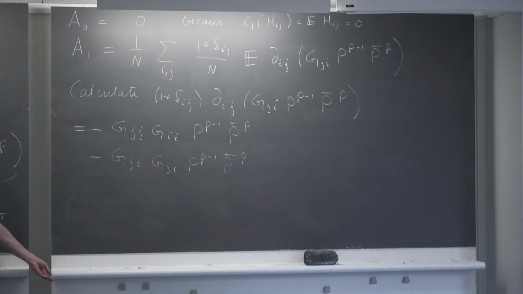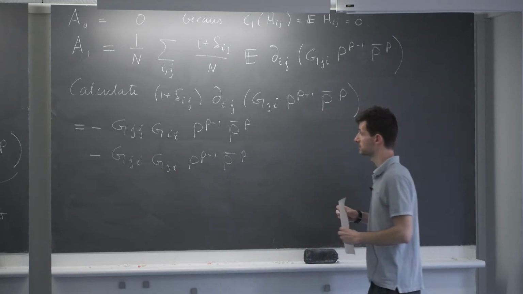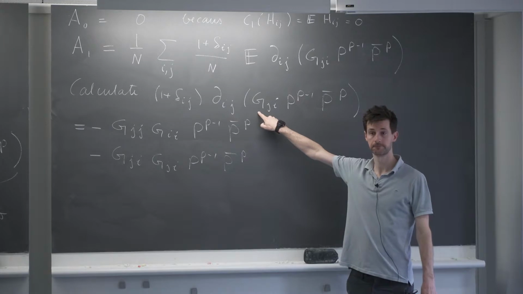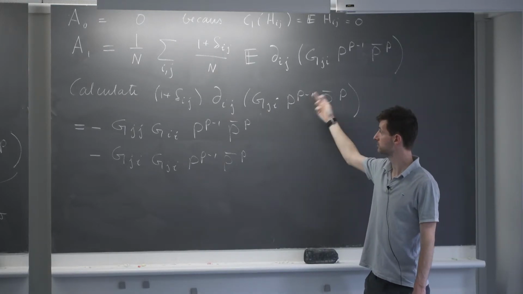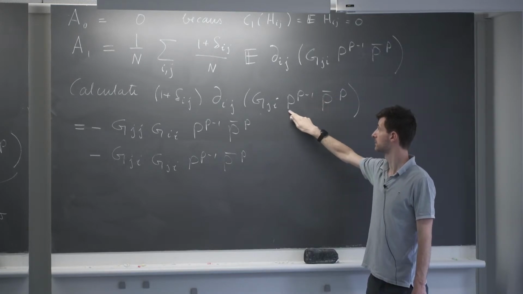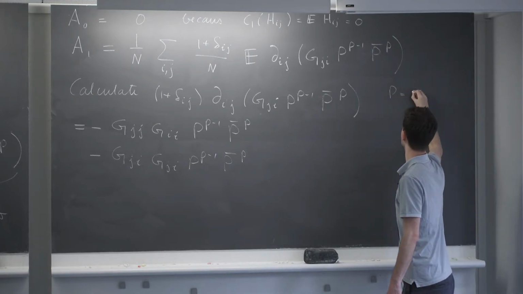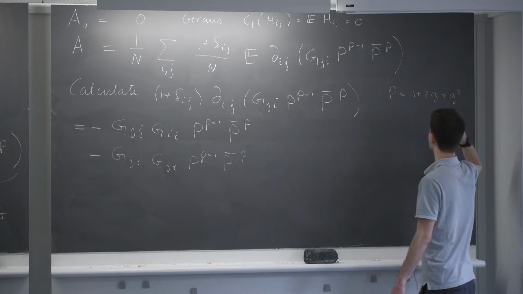Recall the differentiation formula I had for this partial ij. These are the two terms I get if I differentiate this one. Now I get two other terms, which are basically the same, but let's assume I differentiate that guy. If you recall, p was 1 plus zg plus g squared.